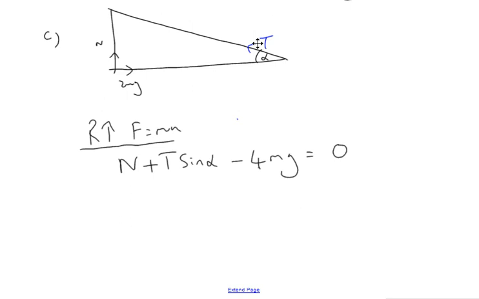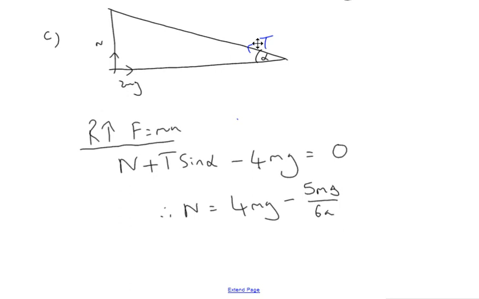And so therefore N is equal to 4mg minus T sine alpha, which is 5mg over 6a.